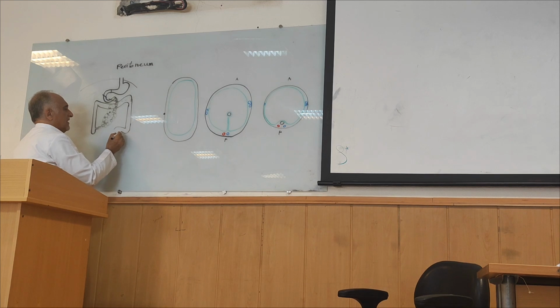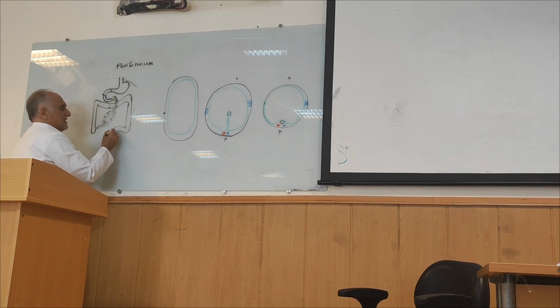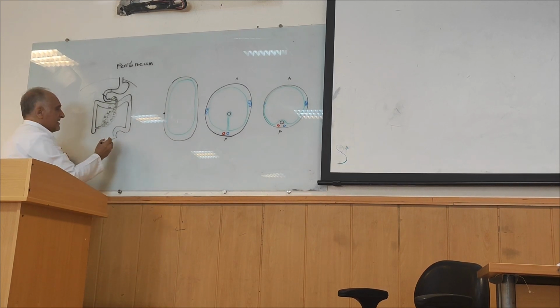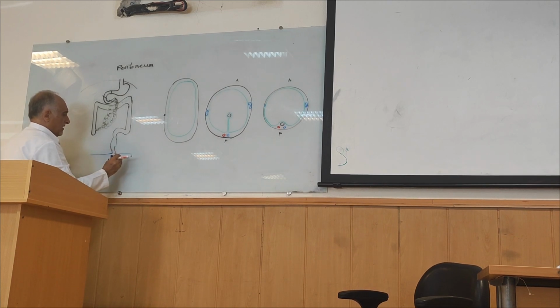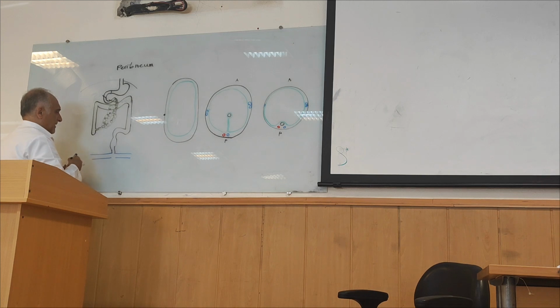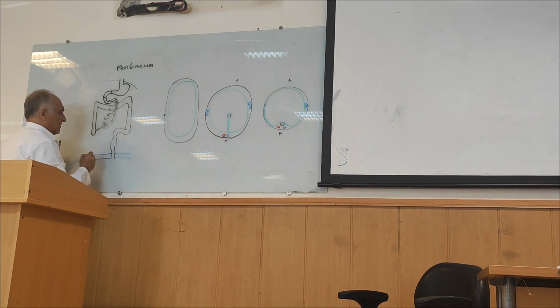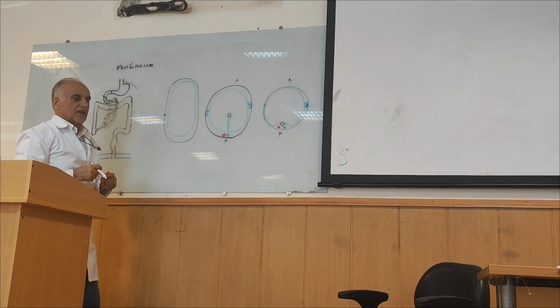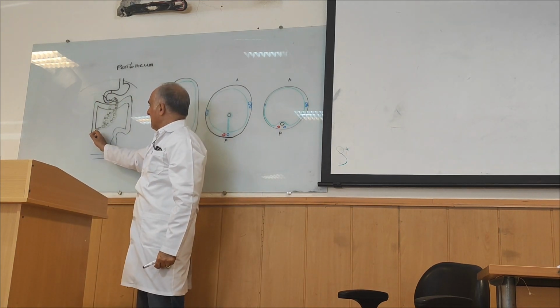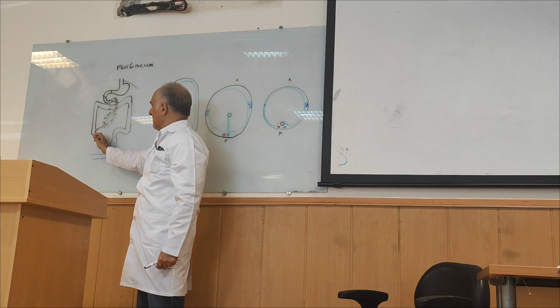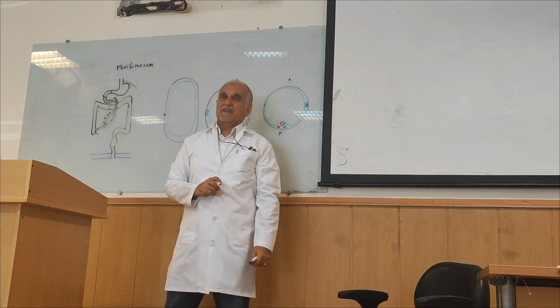And then the sigmoid, same as an S, and finally the rectum goes through the diaphragm and makes the anal canal. So here, at the side of the cecum, this is the appendix.